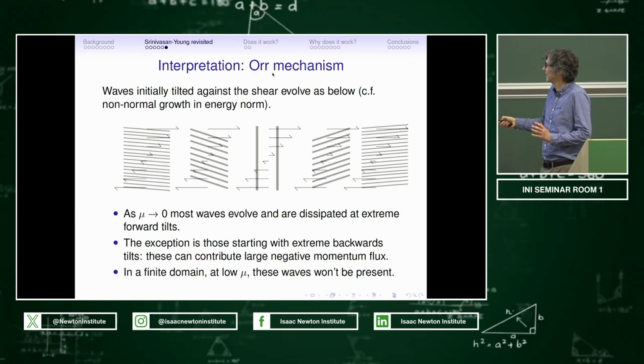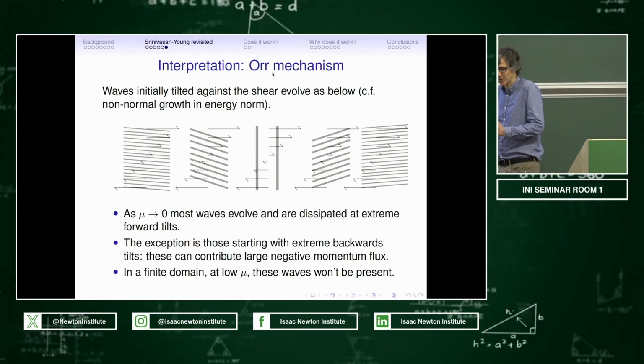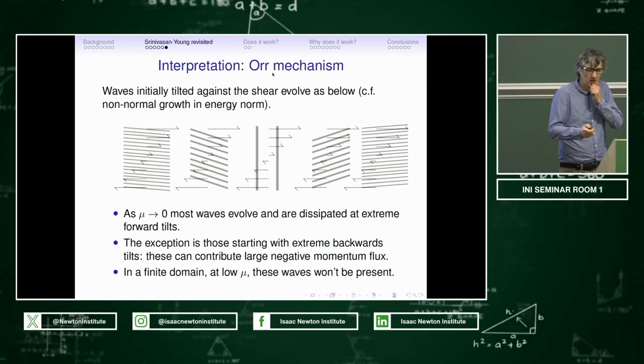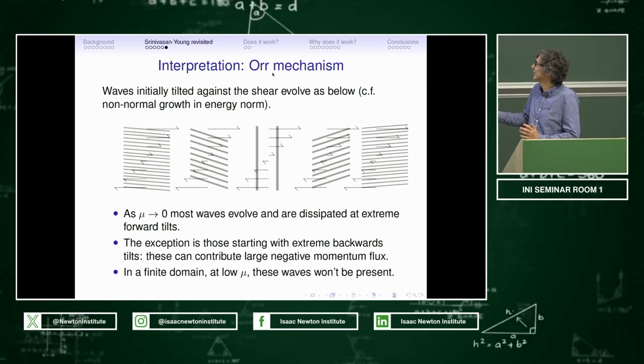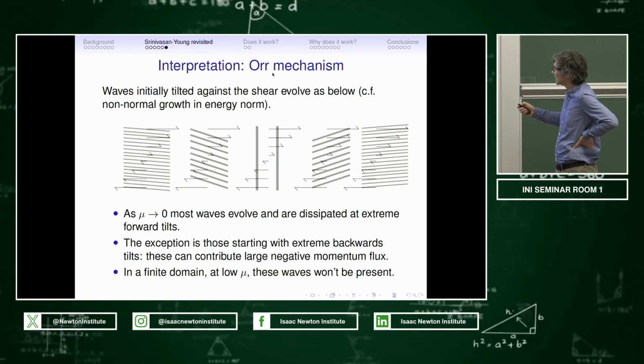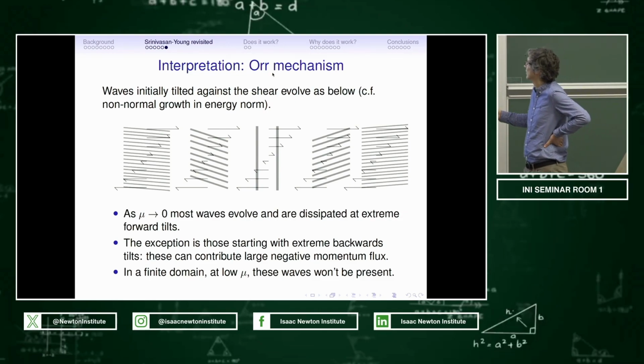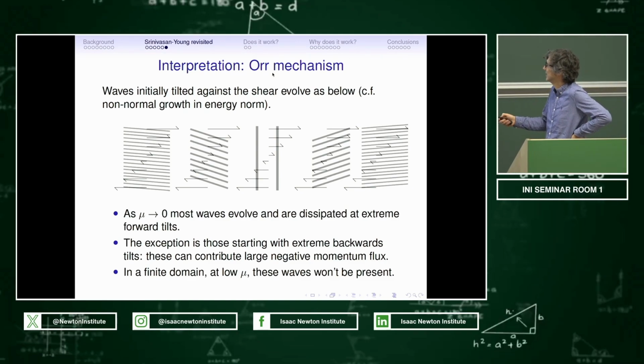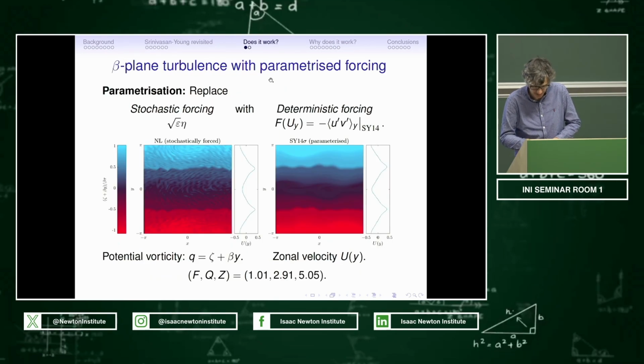So in finite domains, you won't have these waves, and that's why in practical calculations, you always see positive momentum fluxes. So this mechanism is called the Orr mechanism. It's been studied for over a century in Poiseuille flow, parallel flow, this phenomenon of shears tilting waves, and it attracted a lot of interest in the 80s and 90s to do with non-normal growth, theories of optimal growth.